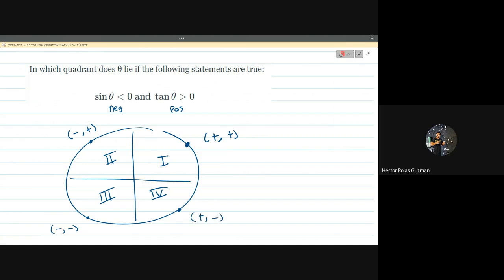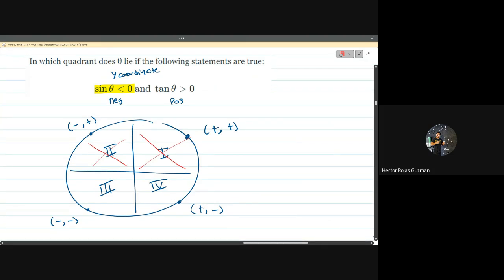So, out of the 4 quadrants, where is sine negative? And remember, sine is the y coordinate. So sine is negative in the third quadrant and in the fourth quadrant. So let's already cancel these quadrants out. We're not even going to worry about those.